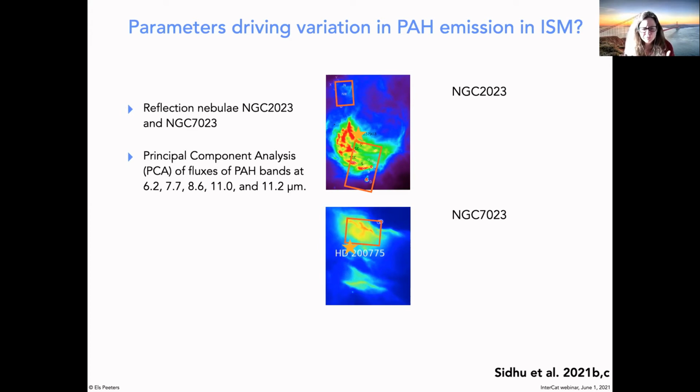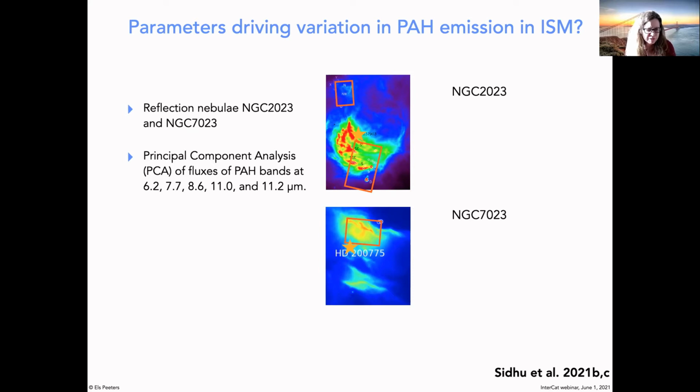We know from the spectra that we obtained with the Spitzer Space Telescope that the PAH emission in these reflection nebulae is changing from position to position. You see these three rectangular boxes, and within those boxes, we have a spectrum at every pixel. What we've done is calculate the fluxes of the main PAH bands. Spitzer only started at 5 microns.